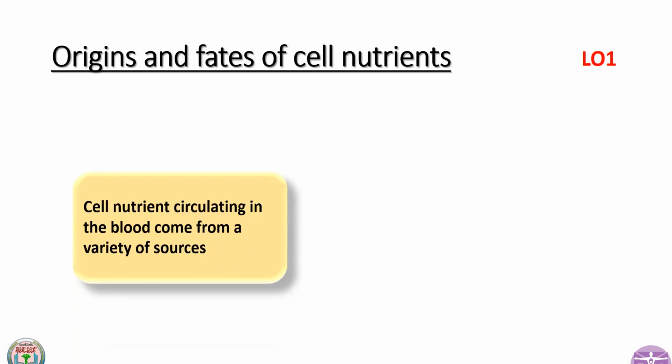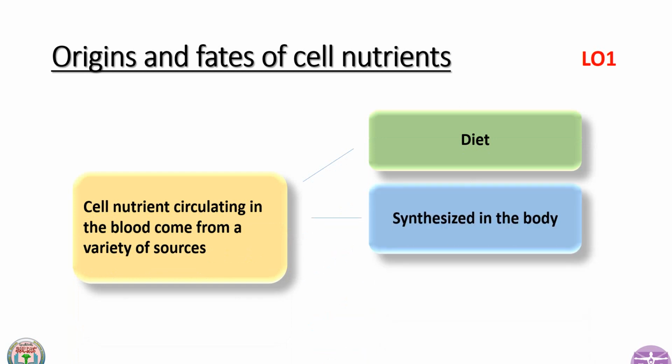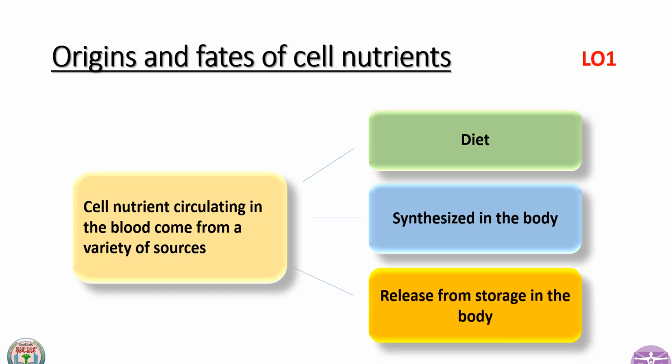Where is the origin and what is the fate of cell nutrient? Cell nutrients circulate in the body and come from a variety of sources. These sources are either from the diet or from synthesis inside the body. Some nutrients are synthesized inside the body, so the body doesn't need them from the diet, and these are so-called non-essential compounds. Another route of origin of cell nutrient is the release from storage in the body.